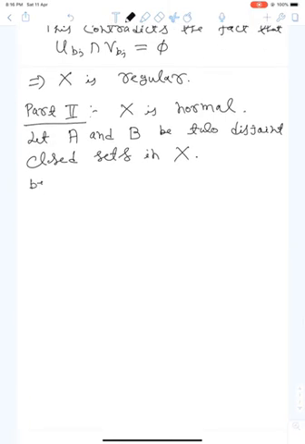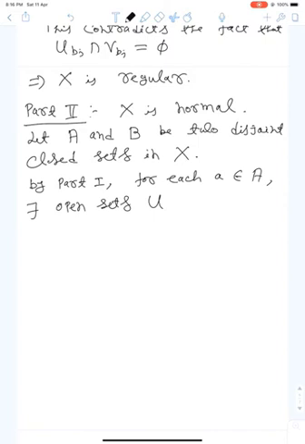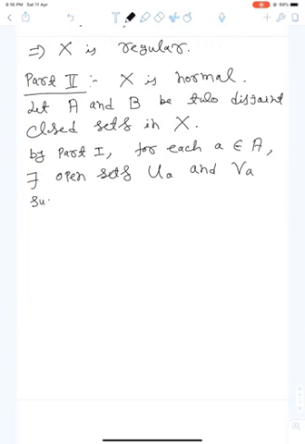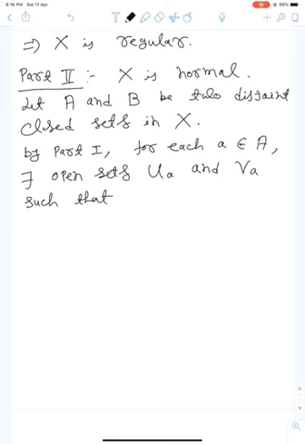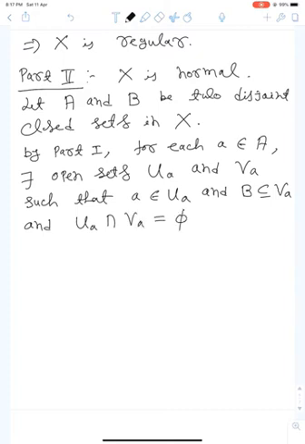Now by part 1, for each a belonging to A, there exist open sets U_a and V_a such that a belongs to U_a and B is a subset of V_a and U_a intersection V_a is empty, right?